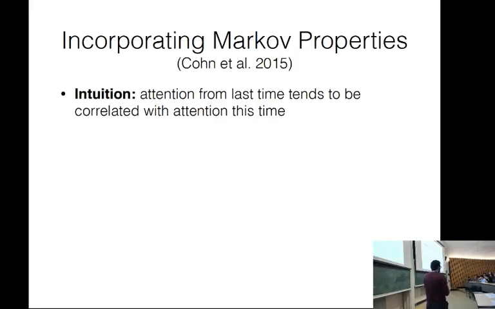Another idea that also existed in the phrase-based world is incorporating Markov properties on the alignments. The intuition is that for alignments at least, the attention or the alignment from the previous word could be useful or could correlate somehow with the alignment of the current word that we want to generate.